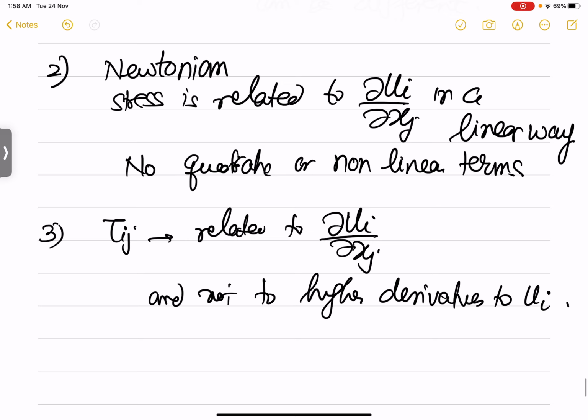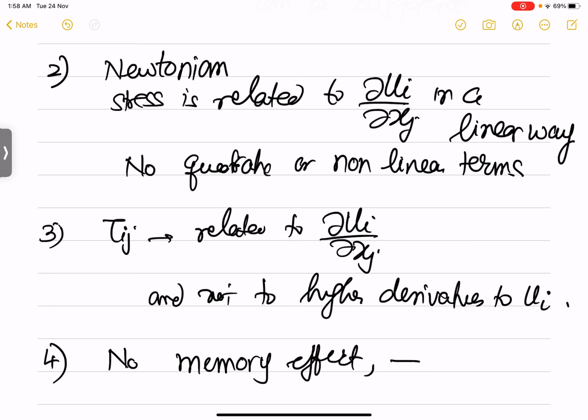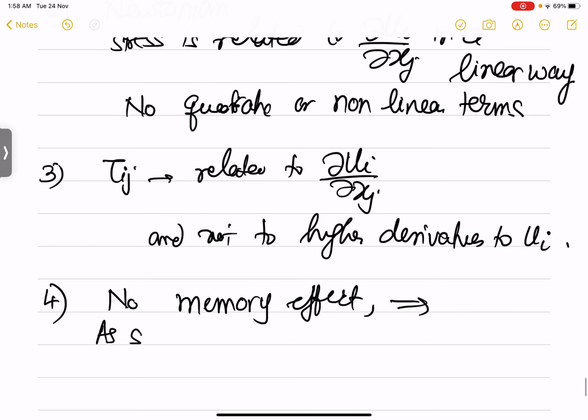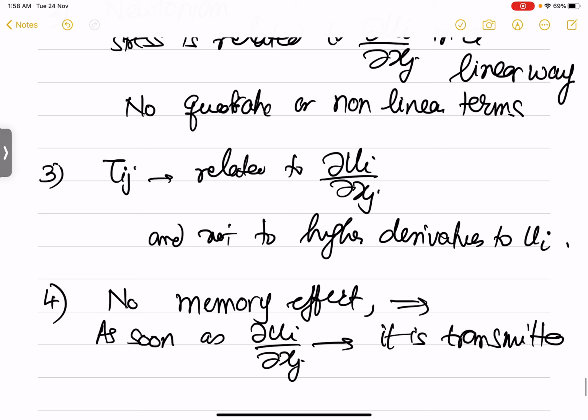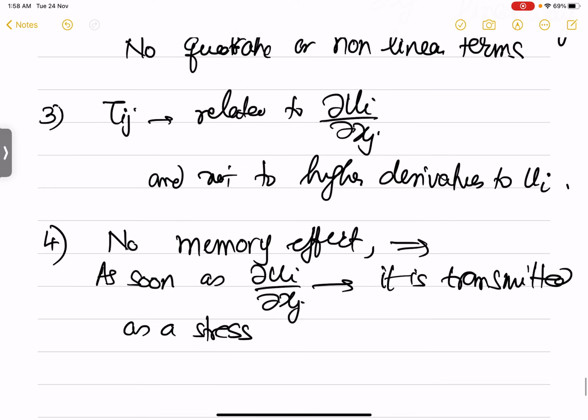And the fourth assumption we make is that there is no memory effect in the fluid, which means that as soon as there is a partial ui by partial xj, it is transmitted as a stress. So whatever behavior is done, it is transmitted as a stress instantaneously. So there are no memory terms.